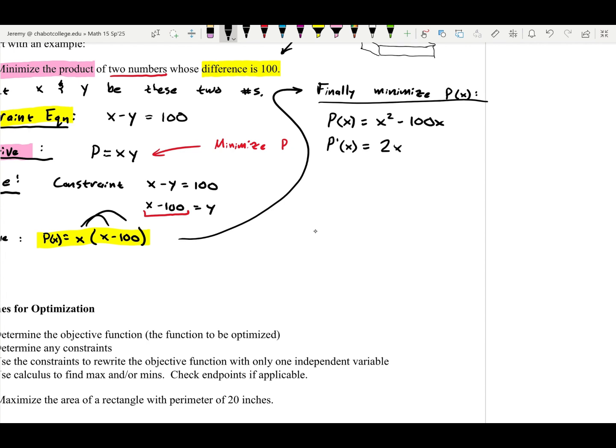So 2x minus 100 will be my first derivative of P. And I'm looking for the critical numbers, so I'll set this equal to 0. I'll add 100 to both sides, divide by 2. I get that x is equal to 50.